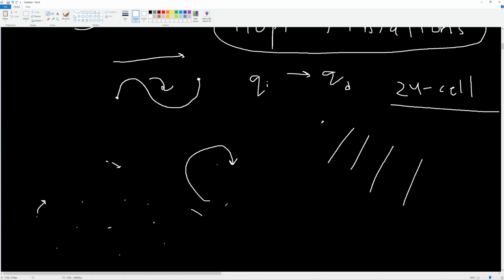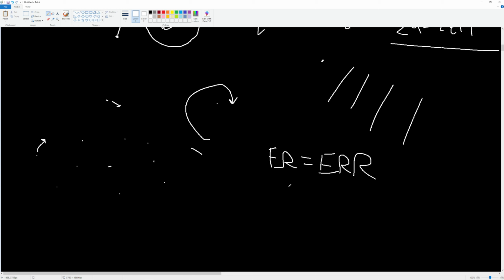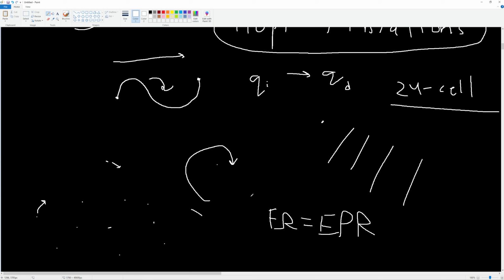If you look at ER equals EPR and this kind of stuff, it looks to me like there's a correspondence between entanglement and wormholes, so entanglement and singularities, in other words, fermions and singularities. So I think it's an important thing to consider.